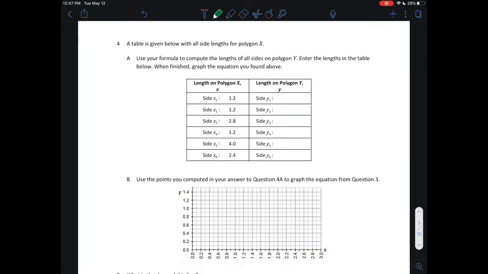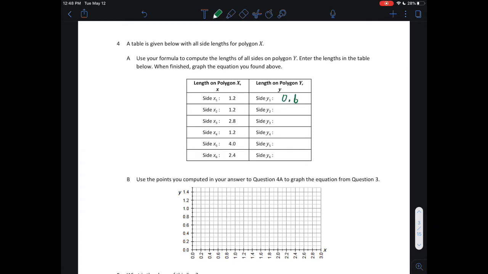So now number 4. A table is given below with all the side lengths for polygon X. Part A, use your formula to compute the lengths of all sides on polygon Y. Enter the lengths in the table below. When finished, graph the equation you found above. So first, side X1, 1.2. We already said that side Y1 is 0.6.